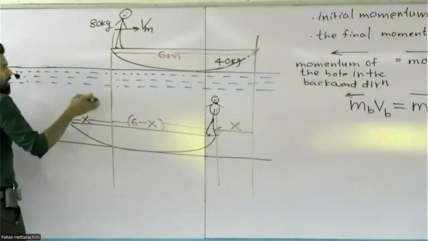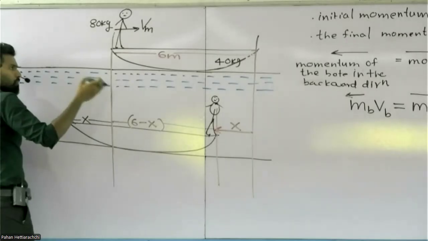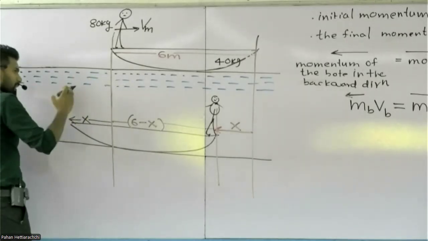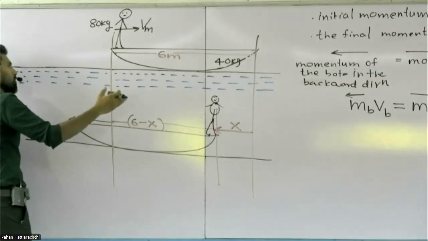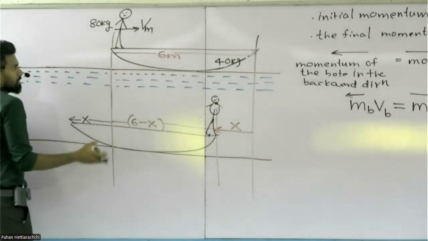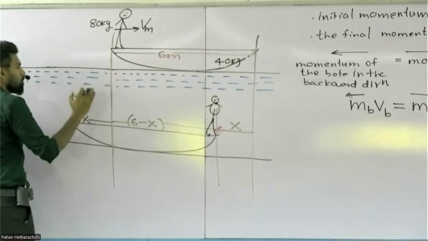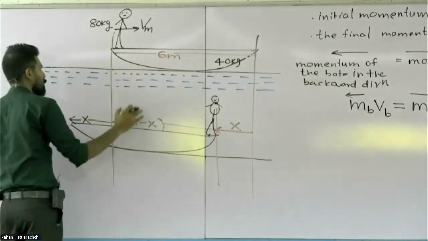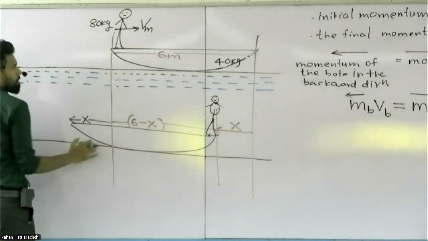So when you are running on a boat, you push the boat floor backward and you get the Newton's third law force and move forward. The force you created on the boat in the back direction will move the boat backward because it's on a water surface, with no friction to stop the boat.